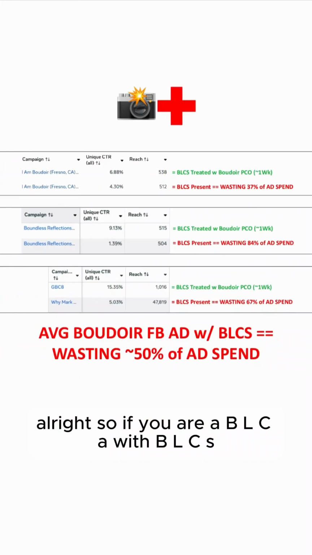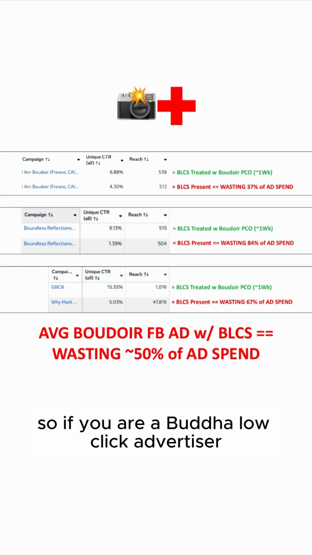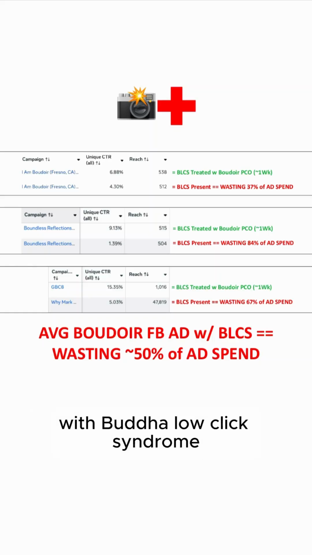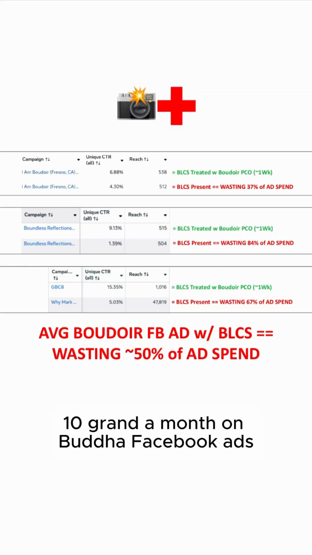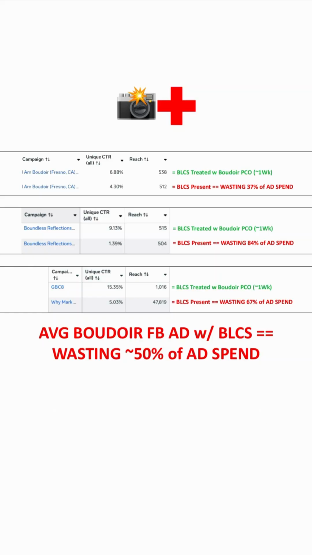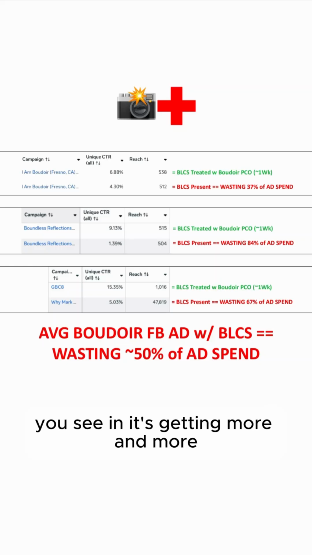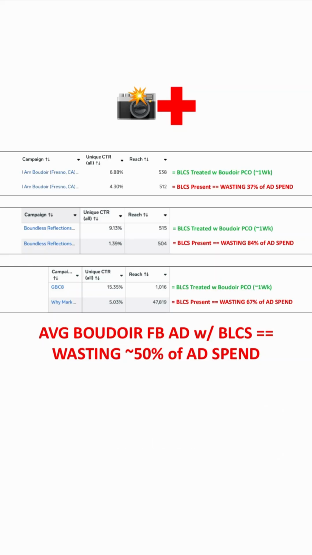All right, so if you are a BLCA with BLCS, so if you are a Boudoir low click advertiser with Boudoir low click syndrome, and you're spending more than 10 grand a month on Boudoir Facebook ads, and you see the marketplace getting more and more saturated for boudoir photographers.